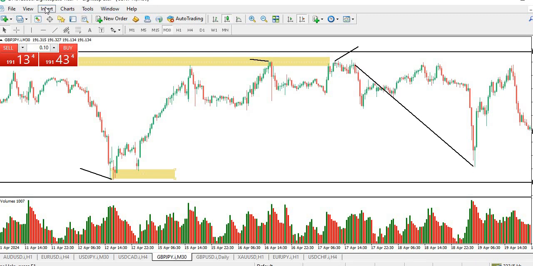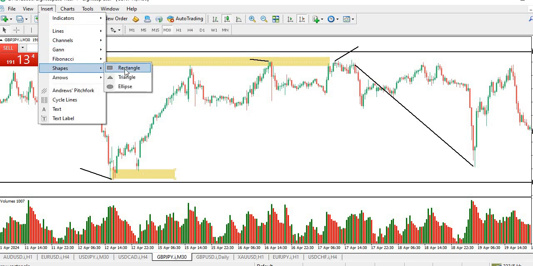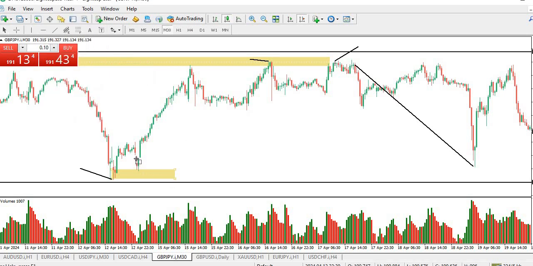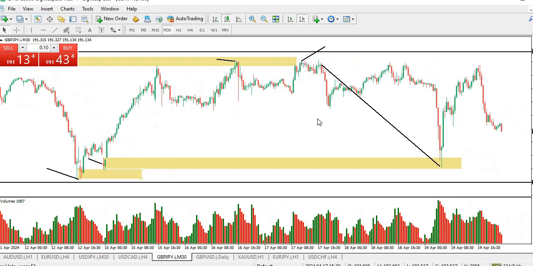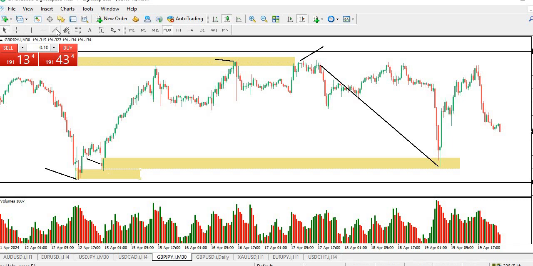And again, here is another example of bullish order blocks at this point too. This candle, the last bearish candle before the bullish move, is the order block for the buy setups.